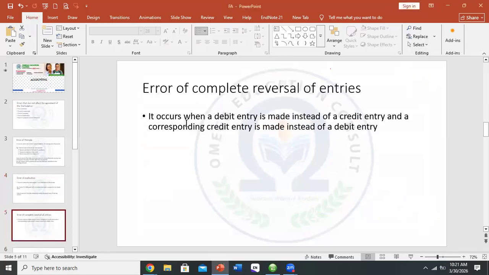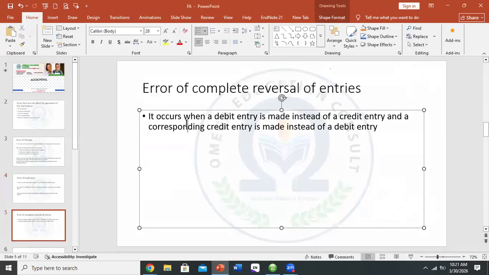Error of complete reversal. We are saying that here the double entry has been reversed. So instead of maybe debiting A and crediting B, the accountant has reversed it.